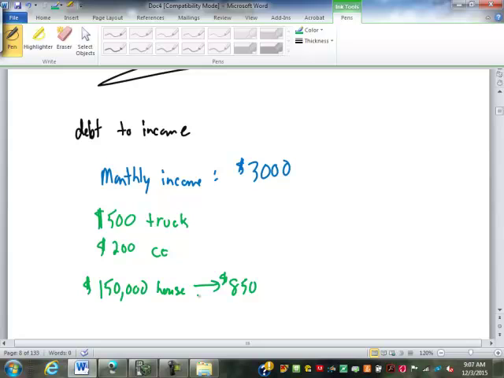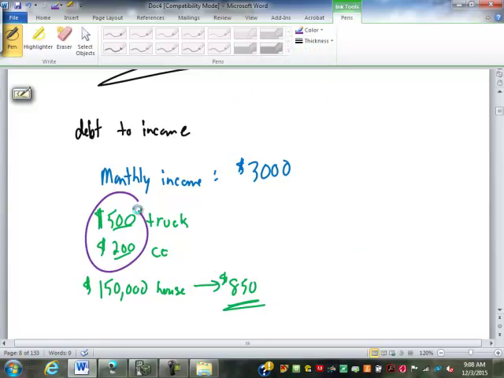So what they would do is they would look at that proposed payment amount for that house you're looking to buy. They're going to add it to these other debts. Now, they're not looking at your electricity cost or anything like that, or gas or anything like that. Those are expenses. Those are not debts. Those are not predictable regular monthly expenses.